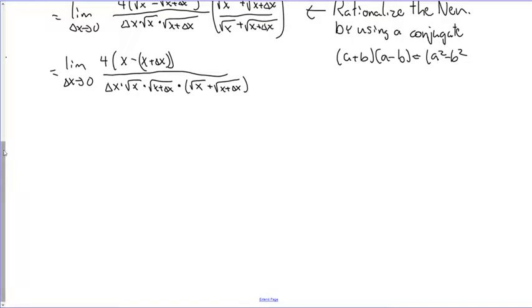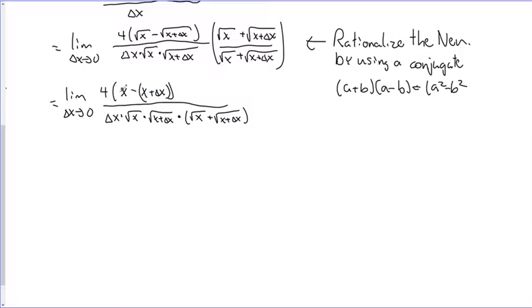Now, here's the good news. X minus x, those cancel. I can just go boom, boom. Now, this thing here will leave me 4, because it's 4 times what's inside these parentheses. It'll just be 4 delta x. And since it's all multiplications here, here, and here, that 4 delta x on the top and this delta x on the bottom also cancel out, so I can go like that.